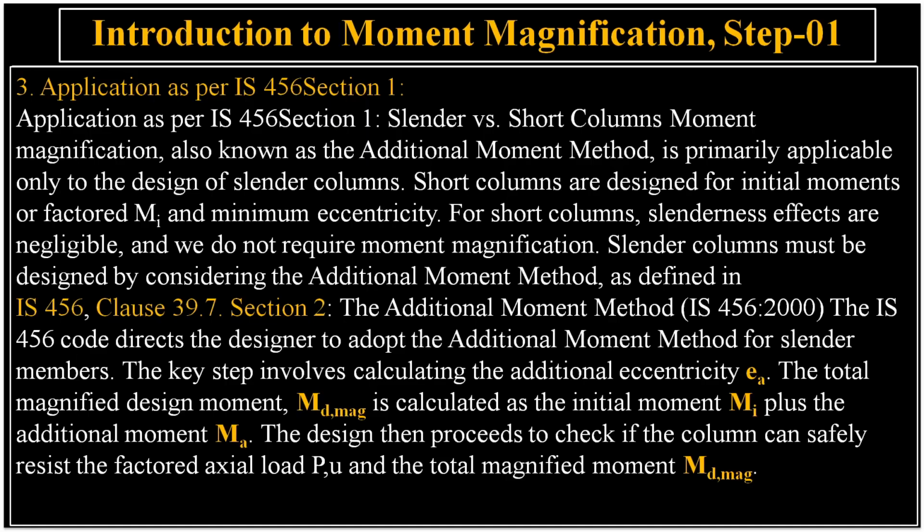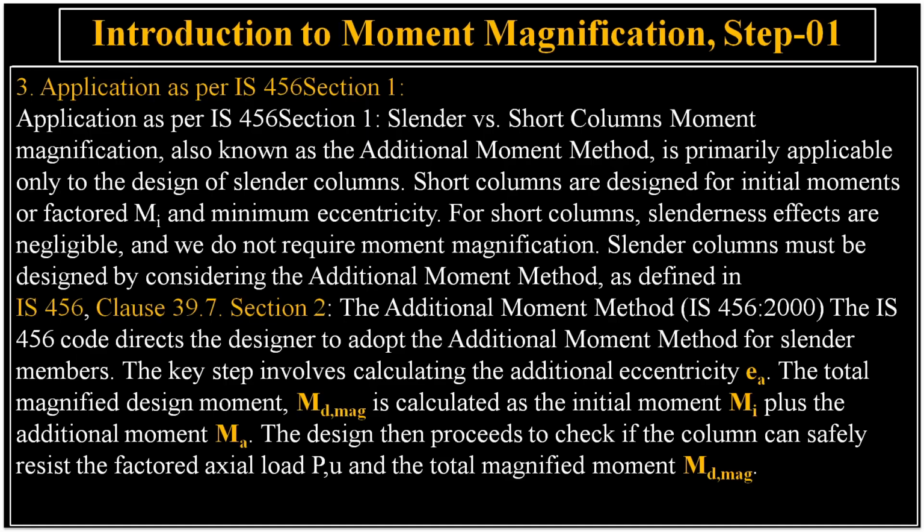Clause 39.7. Section 2, the additional moment method, IS 456:2000. The IS 456 code directs the designer to adopt the additional moment method for slender members. The key step involves calculating the additional eccentricity EA.